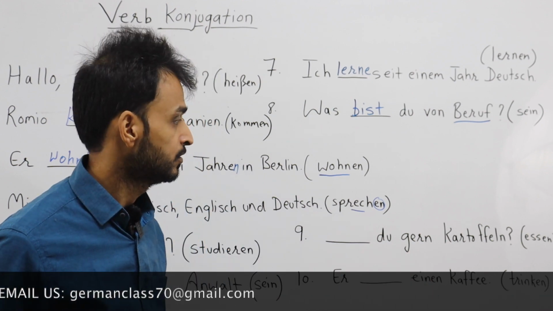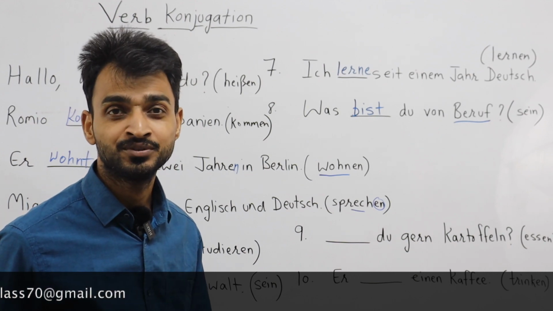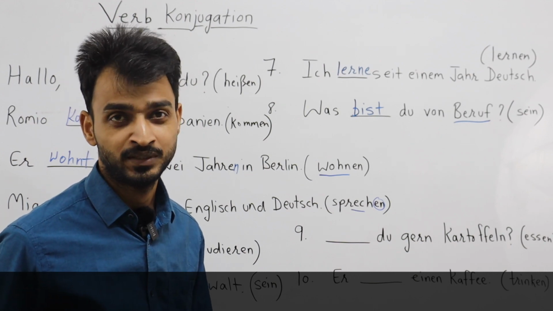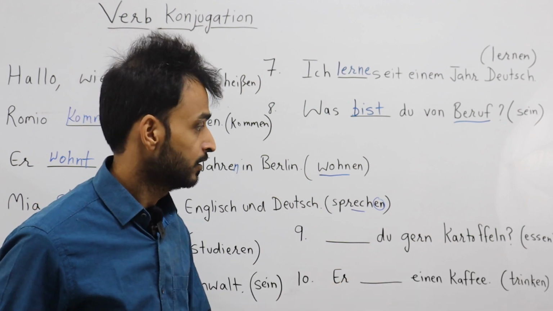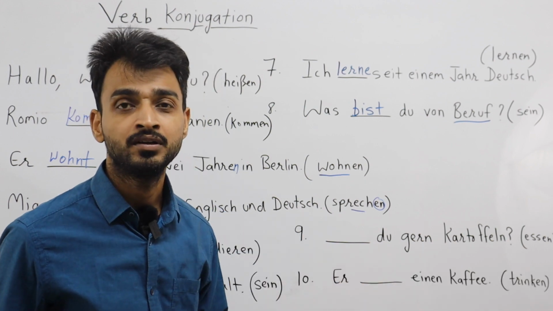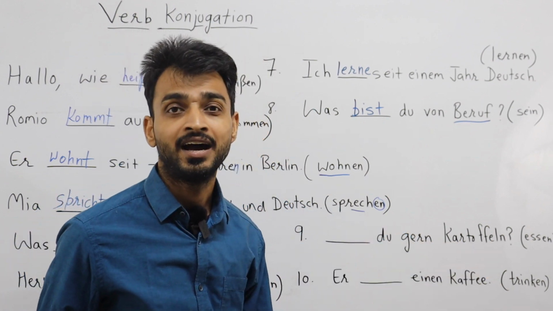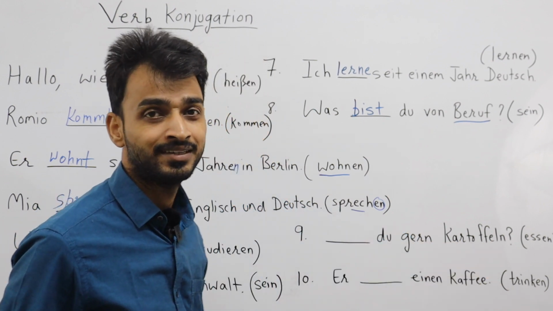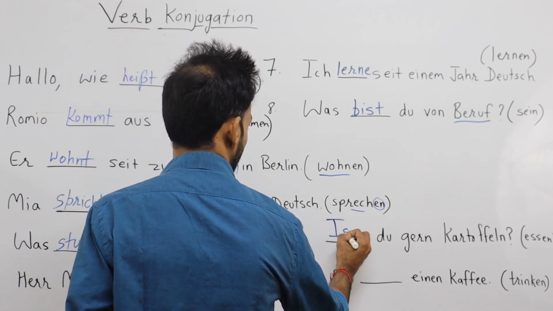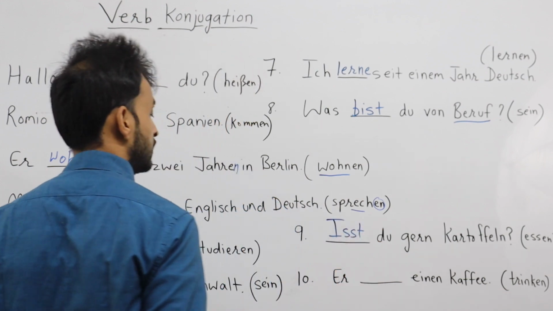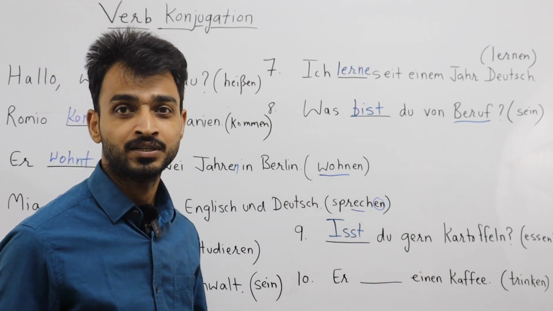So the question is, do you like to eat potatoes? So we start with the verb and the verb is essen. So with du, it is also irregular. So e changes into i. Isst du gern Kartoffel? The question is, isst du gern Kartoffel? Do you like to eat potato?